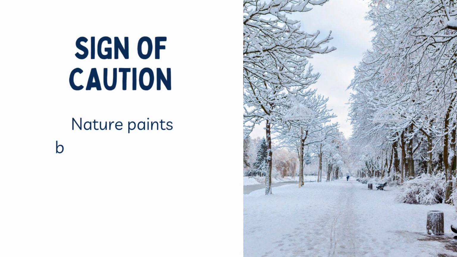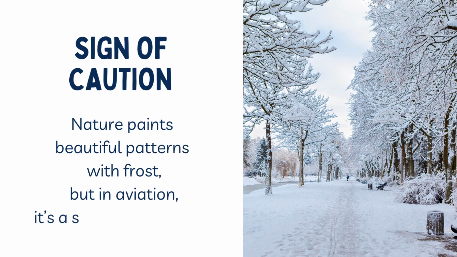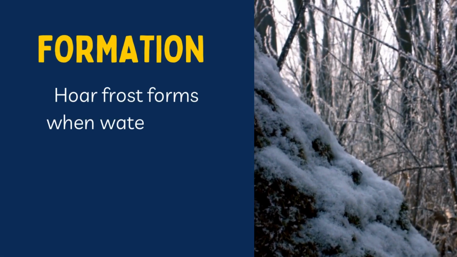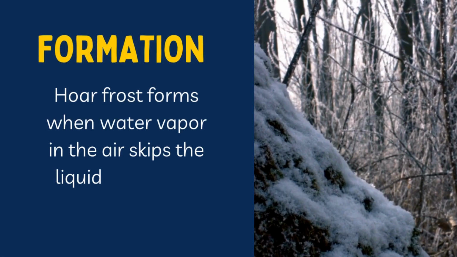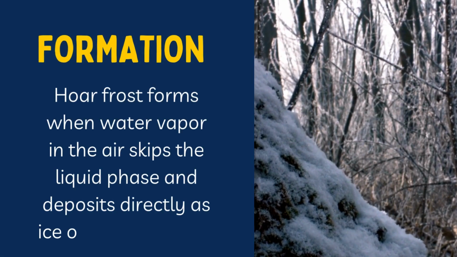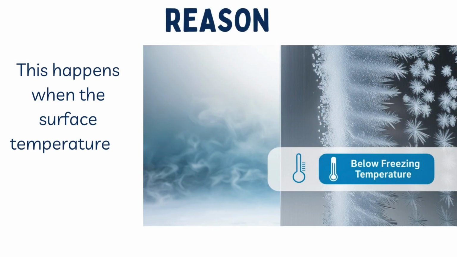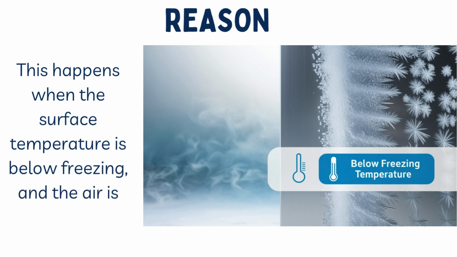Nature paints beautiful patterns with frost, but in aviation, it's a sign of caution. Let's talk about hoarfrost. Hoarfrost forms when water vapor in the air skips the liquid phase and deposits directly as ice on a cold surface. This happens when the surface temperature is below freezing and the air is calm and humid.